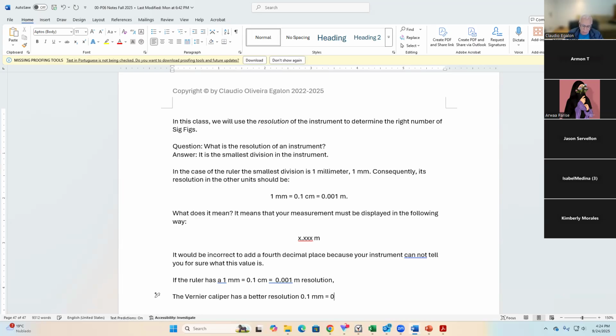Which is 0.01 centimeter, which is 0.0001 meter, 1/10 of a millimeter. If here I have 2 zeros, here I have 3 zeros, right?